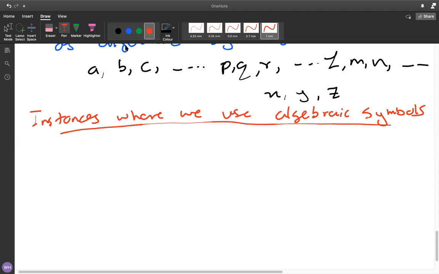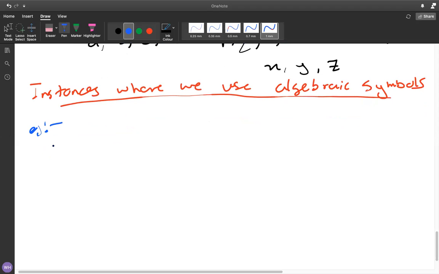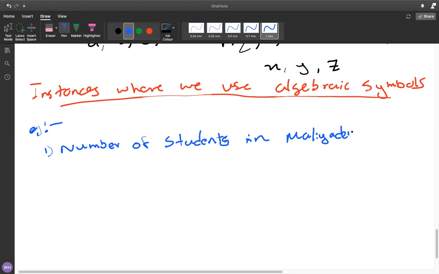All right. So I will give you some examples where we use these algebraic symbols. We are going to discuss some examples. When it comes to examples like the number of students in, we can consider Maliyadeva College.